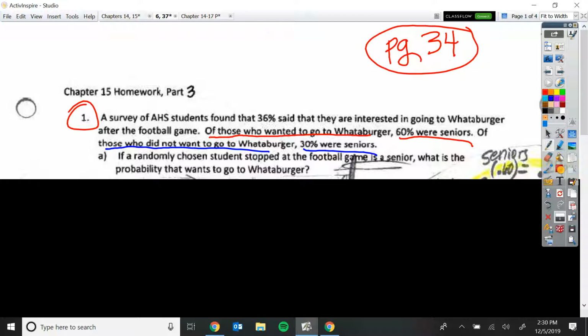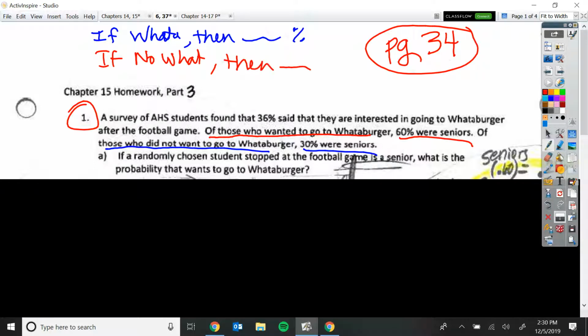So as I was reading it, I heard, if you go to Whataburger, then you have these percentages. But if you don't want Whataburger, then you have these percentages. That means I had two conditional probabilities.